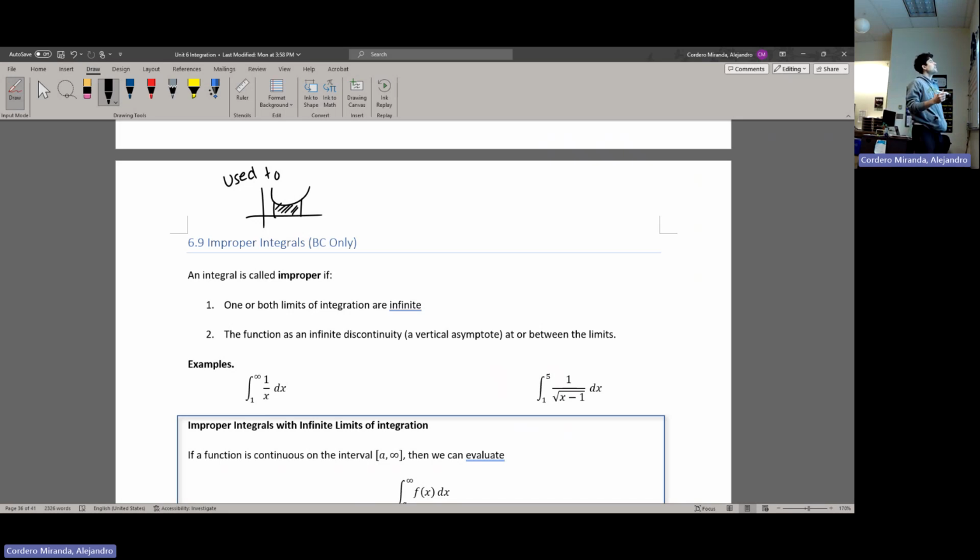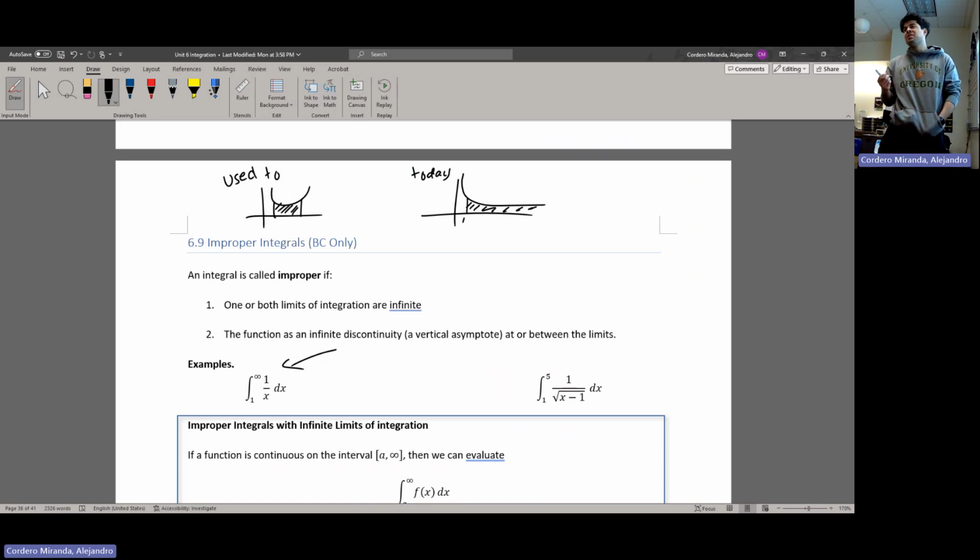Now you're about to do infinite areas, like from, I don't know, from 1 to infinity. That would be exactly this integral right there that I just pointed at.